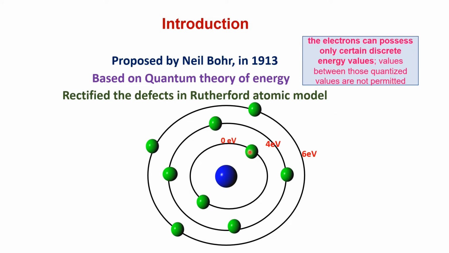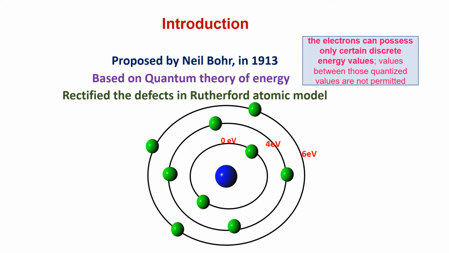If the electron from the ground state level is given an energy of 3.2, 4.5, 3.8, or 2.5 electron volt, the energy is not absorbed by the electron and it will pass through.